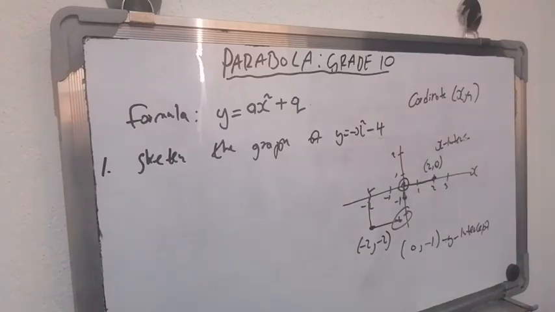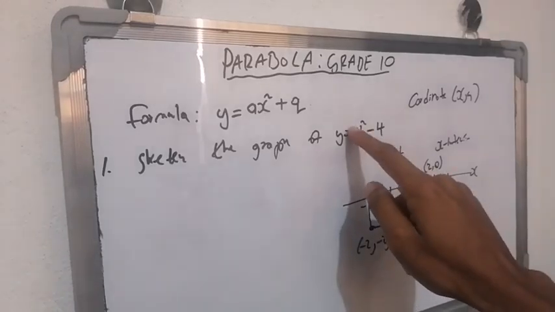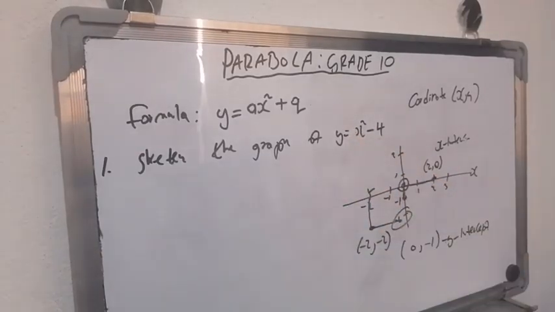So if I say draw this graph, first of all, you need to tell me where the graph is going to touch on the y. By the way, let me just make it positive. Let me just say x squared.